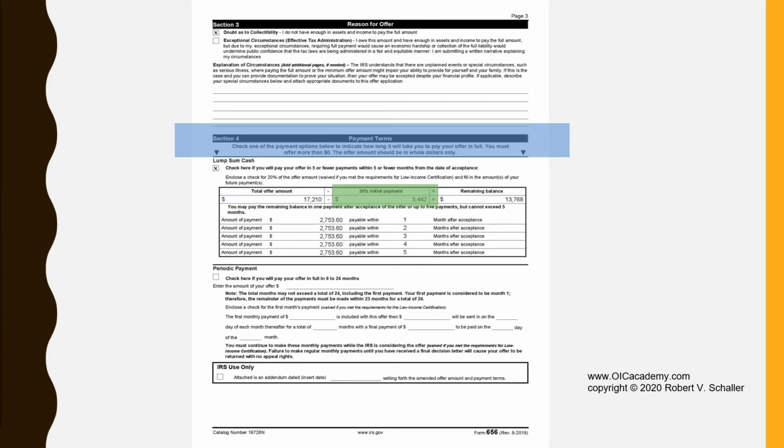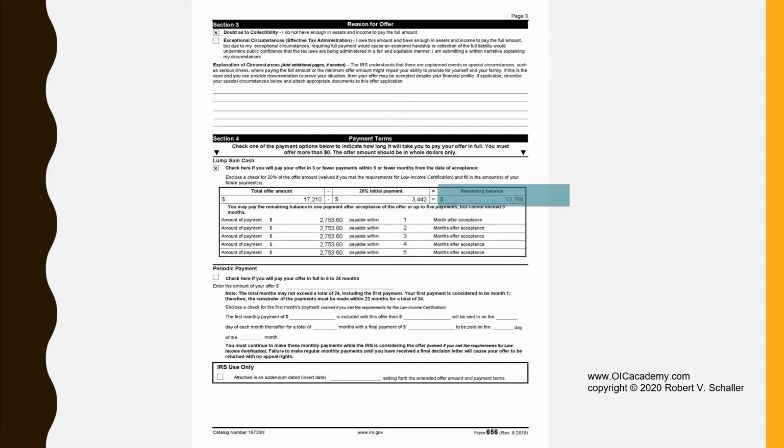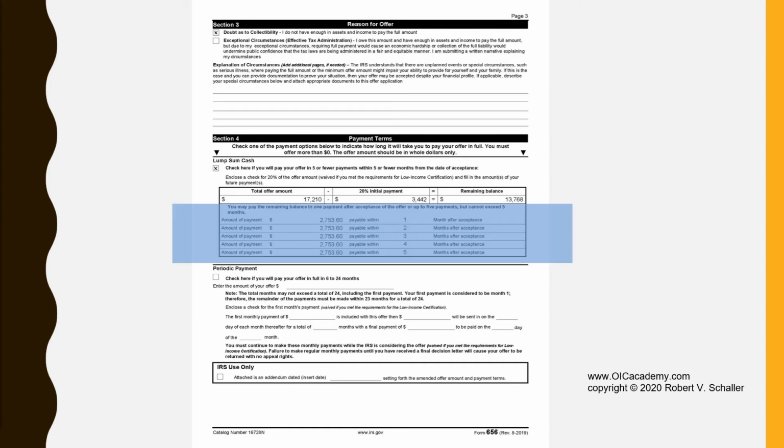Because a 20% initial payment is required, we identify the 20% initial payment as $3,442. That leaves a remaining balance to be paid of $13,768. So we have up to 5 payments that can be made to make that remaining balance. In this case, we made them even payments of $2,753.60. After 5 additional payments of that amount, they would have paid the remaining balance of $13,768.